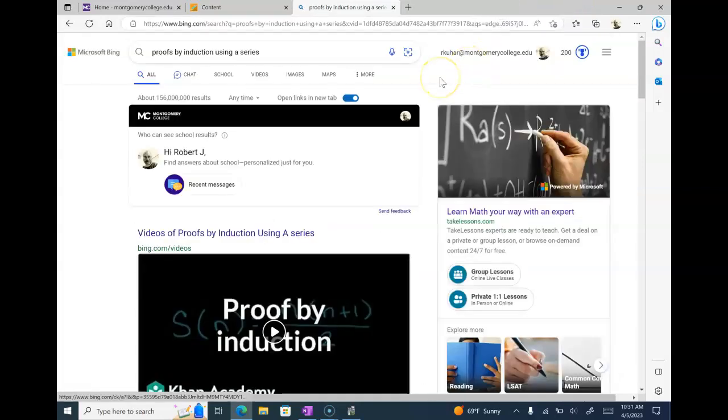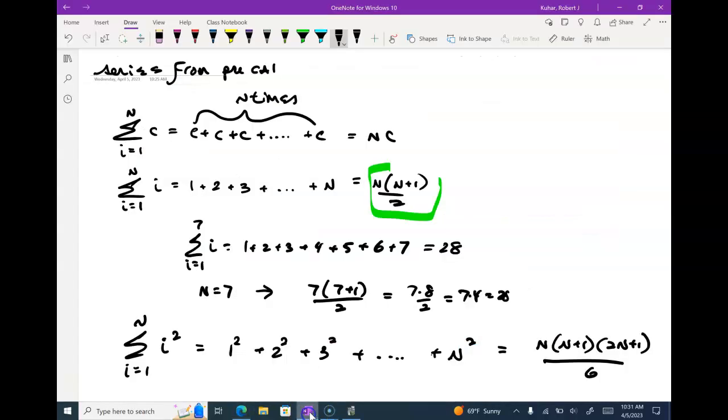So math majors, computer science majors, you want to be able to do those proofs. You should do Math 207, Computer Science 207, which is called discrete structures. It's discrete math where you prove everything. And when you transfer to university, you'll take a bridge to abstract mathematics where you'll prove even more things.